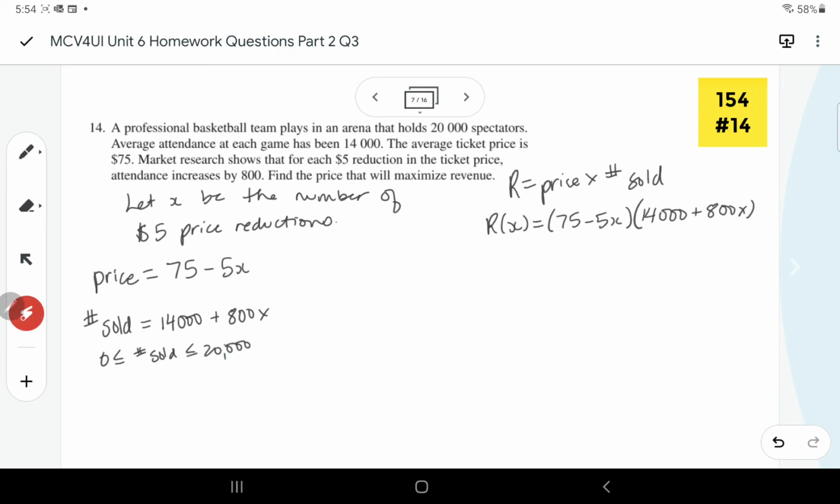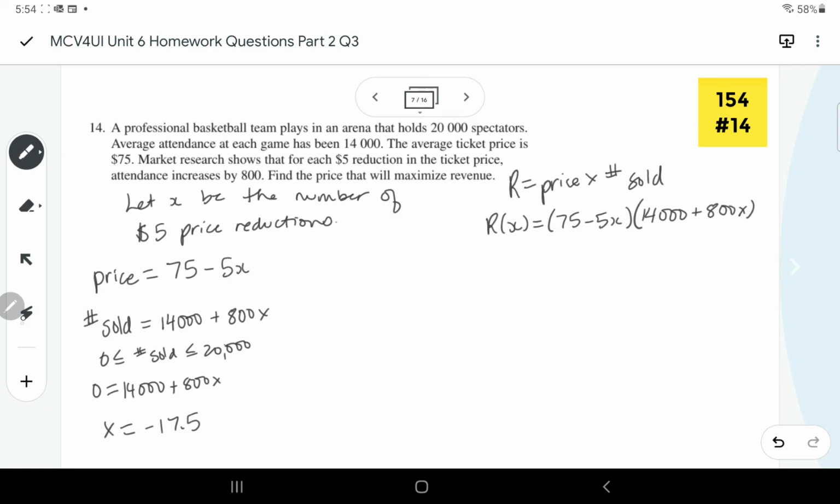And then I want to figure out what that means for x, like what are the boundaries. If we sell 0 tickets, that would be 14,000 divided by 800. x would be negative 17.5.